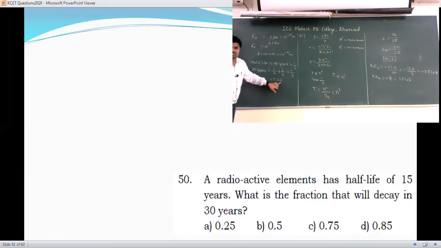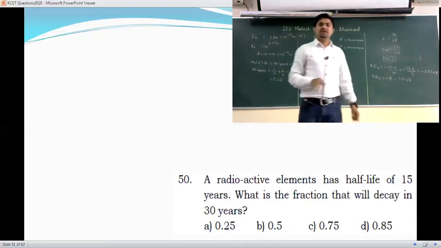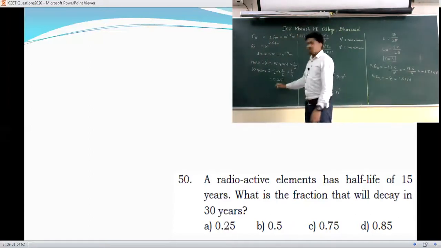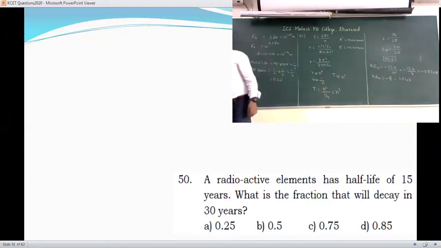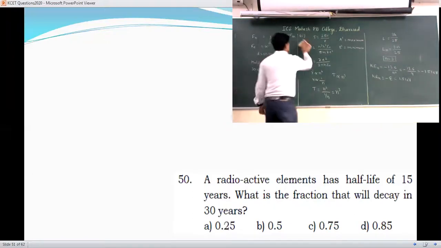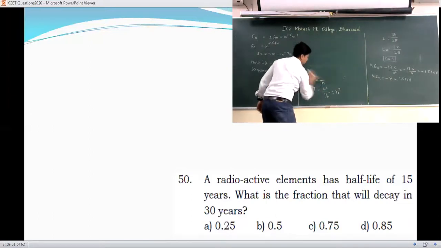Then 0.75 has decayed. So your answer should be option C, that is 0.75. So we will go to the next question.